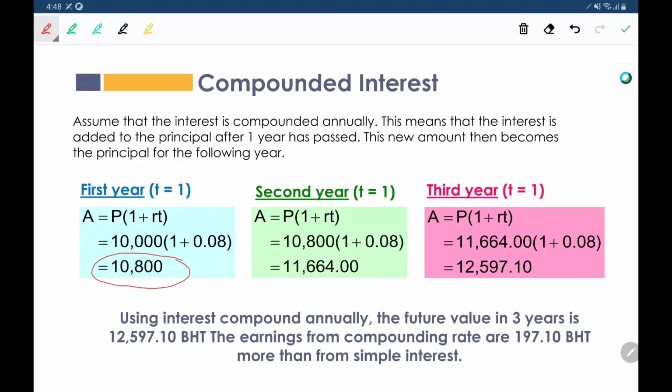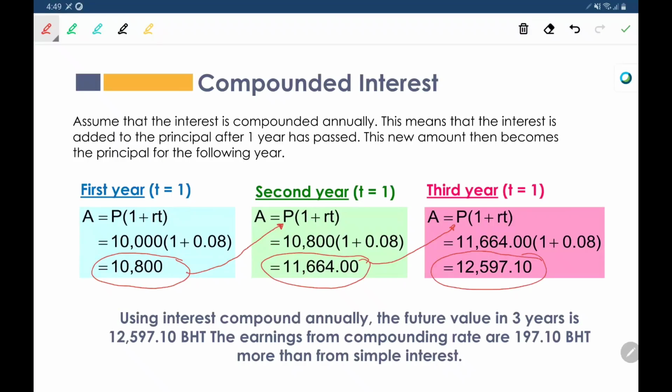And this amount of money is going to be the principal for the next year. And after they calculate the interest in the second year, you get this amount of money, which is going to be the principal for the next year. And finally, after 3 years, you will get this amount of money.